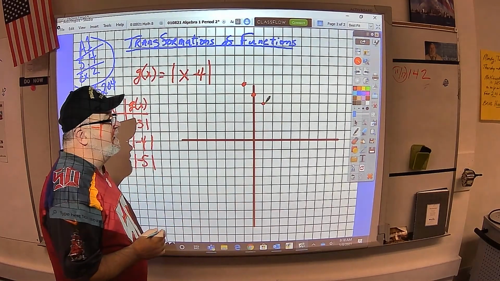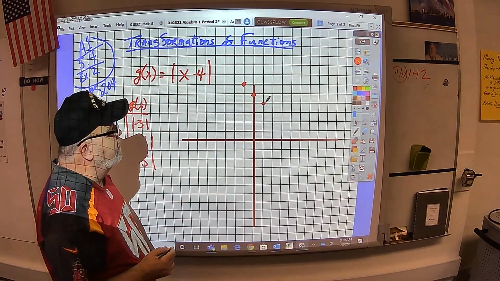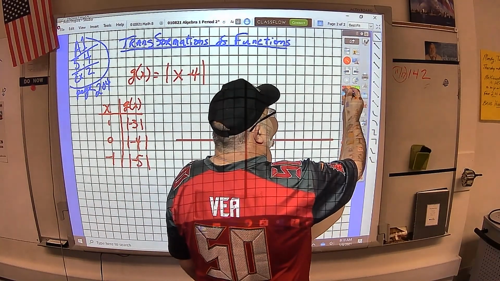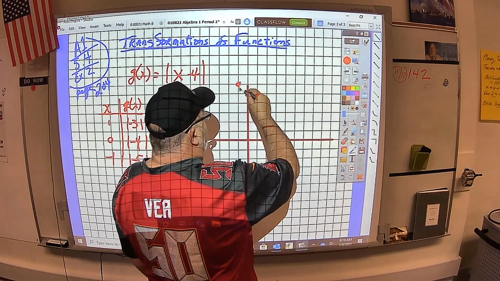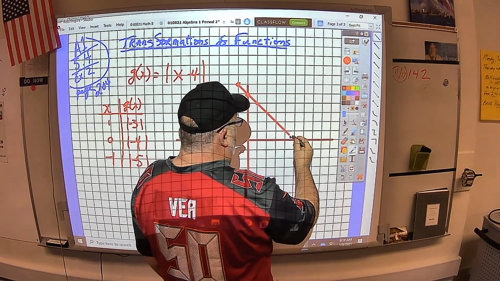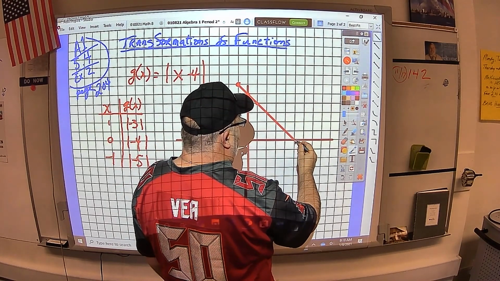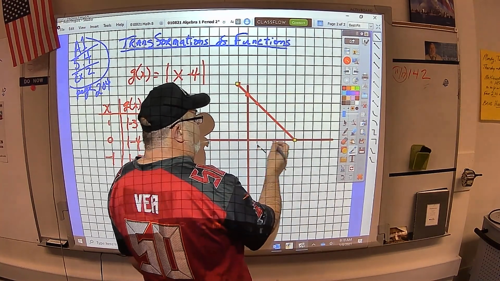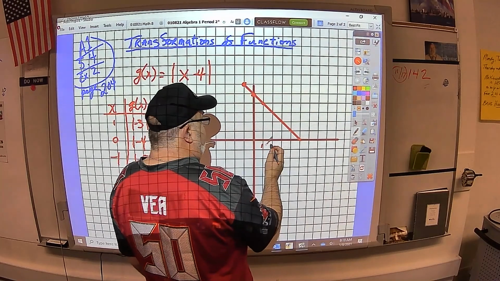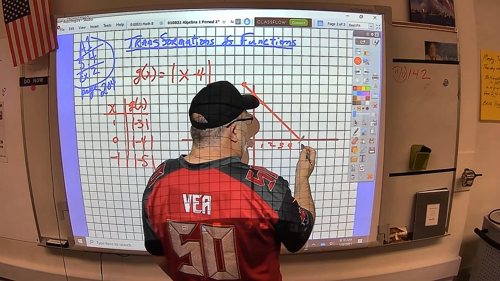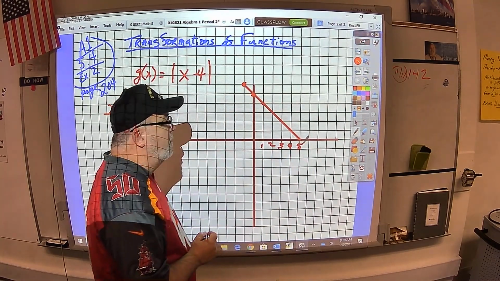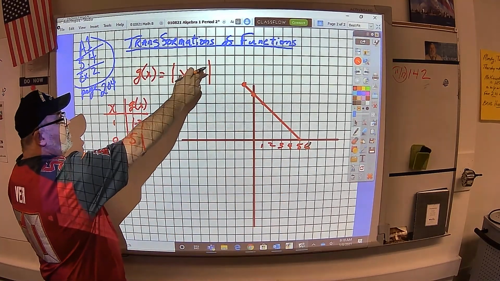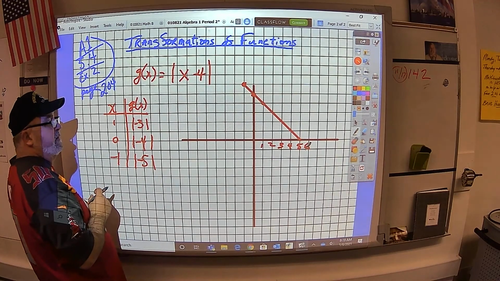Now the thing to recognize here is that we're going to discover, and I definitely want to stick with a straight line here, that that's going to take me to this point here, right? What happens when I get to 1, 2, 3, 4, 5? What happens when I get to 6? Well, 6 minus 4, right?